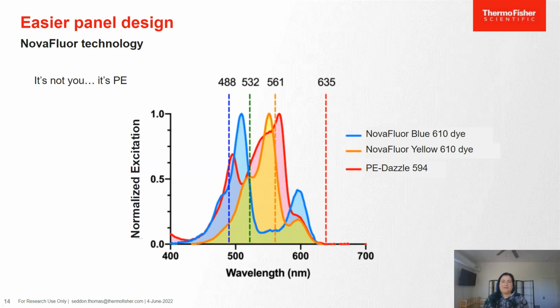And the same for NovaFluor Yellow 610 is excited primarily by the yellow laser and not so much by the blue laser. And so what this does is really allow you to get this 2-for-1 situation where you can actually use 2 NovaFluors in place of just one previous PE tandem.